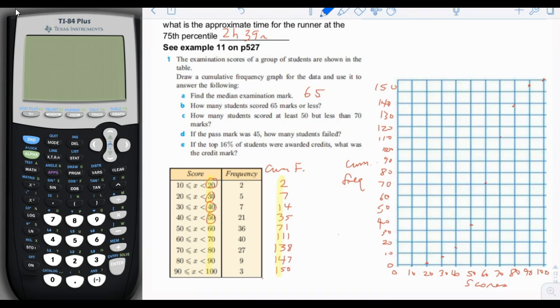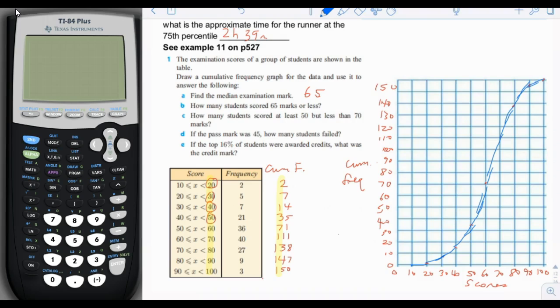So we're going to start at 10, 0, and then gradually move up with our curved line. This is going to be a sketch, because you can't draw a curved line very well. You have to sketch it. Okay, so there is our cumulative frequency curve.